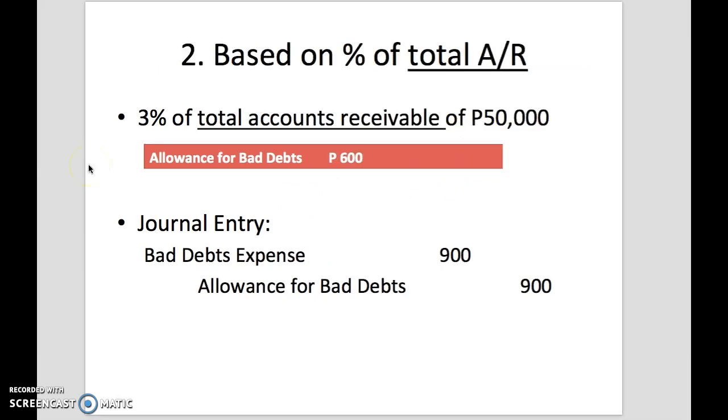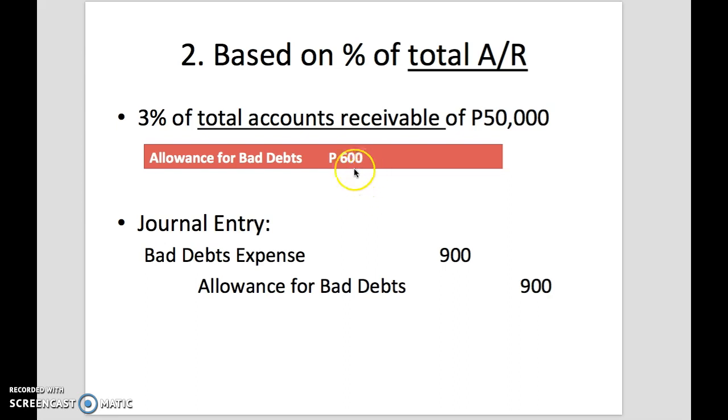The other method of estimation that you can use would be to base it on the percentage of total accounts receivable. So let's say you have a given item here, 3% of total accounts receivable of 50,000 pesos. And the allowance for bad debts has an existing balance of 600 pesos from the previous period.